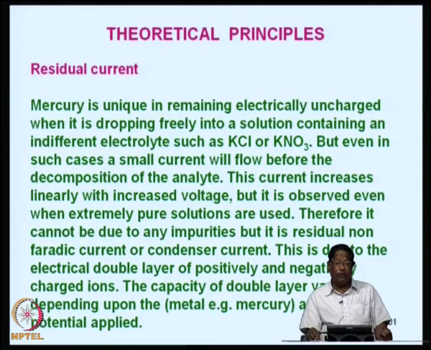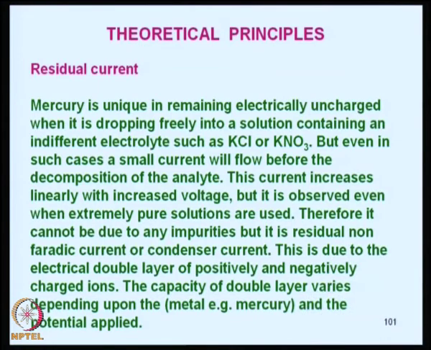This is due to the electrical double layer of positively and negatively charged ions surrounding the electrode, but not getting reduced at the electrode. And the capacity of this double layer varies upon the metal and the potential we apply. Metal means usually mercury.